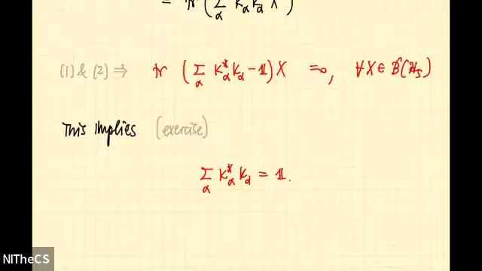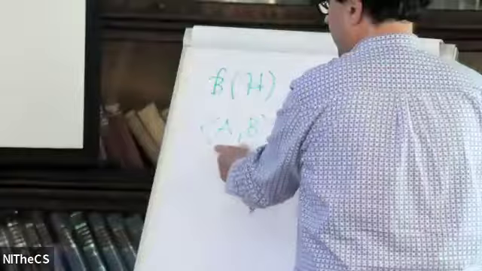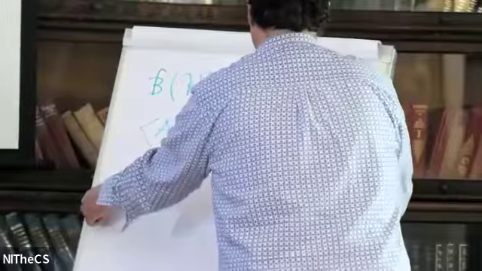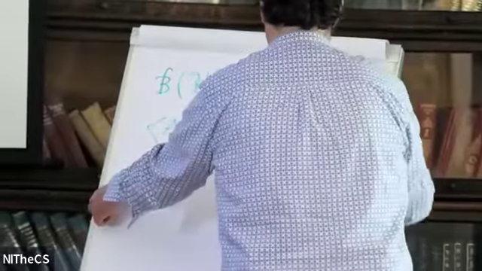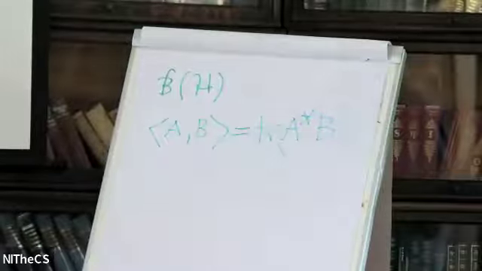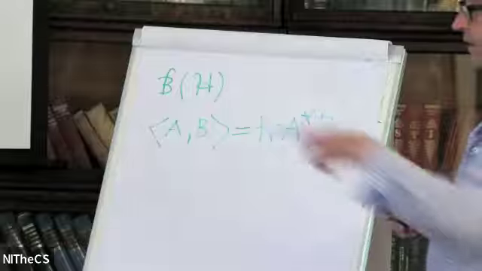Why is it true? If you have the bounded operators on a Hilbert space H, this space itself is a Hilbert space with an inner product. If you decide the inner product between two matrices A and B to be the trace of A star B, then this defines an inner product. I think basically I'm solving this exercise that I gave you.